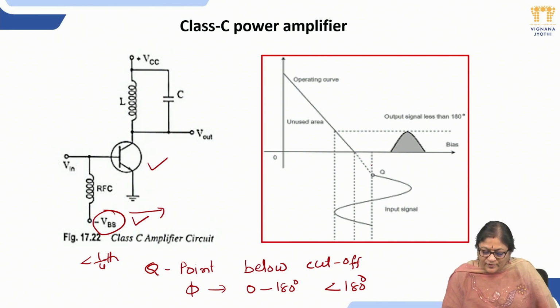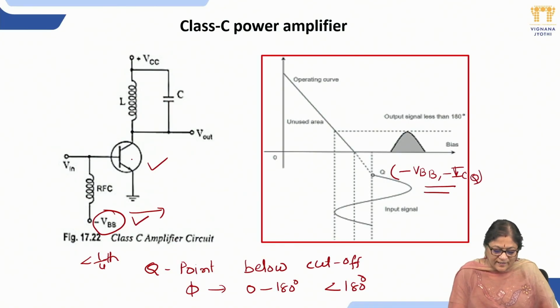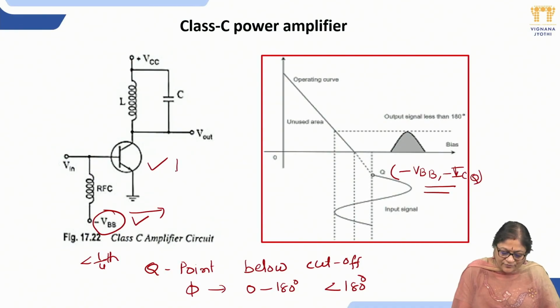So the Q point is already in the negative portion, less than 0. VCE is almost minus VBB, and IC is a negative value, negative ICQ. This drives your transistor into cutoff, or deep cutoff.